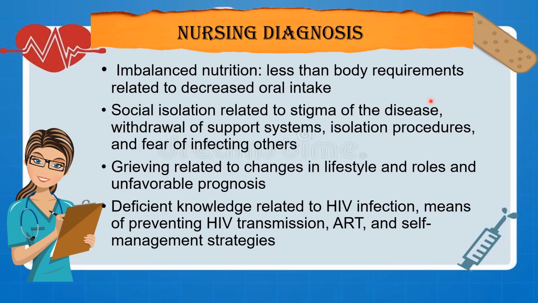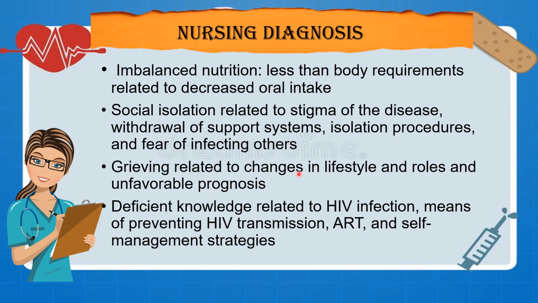So another sample diagnosis: imbalanced nutrition, less than body requirements related to decreased oral intake. Social isolation related to stigma of the disease, withdrawal of support system, isolation procedures, and fear of infecting others.